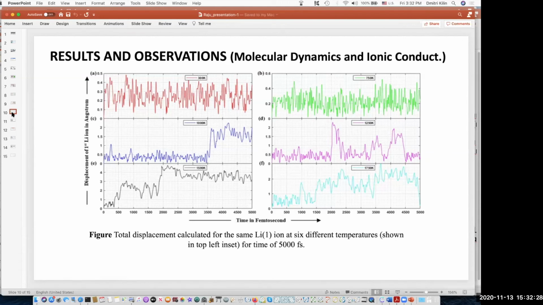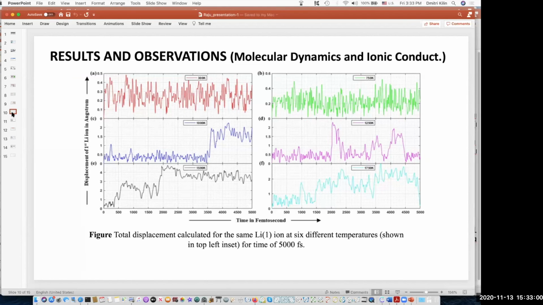So after this molecular dynamics, we calculated the distance covered by the lithium ions. For the displacement of our observed lithium ion at 300 Kelvin, this is just a vibration. We didn't take this as a displacement. Why?